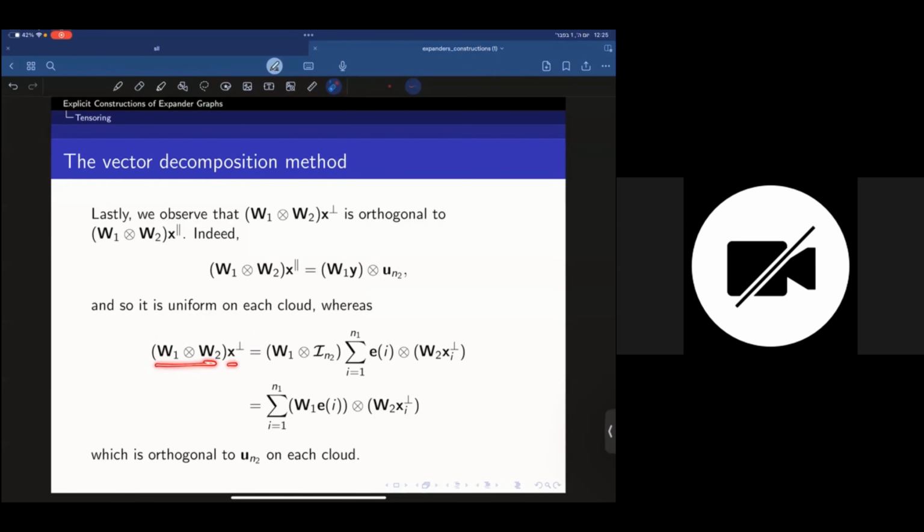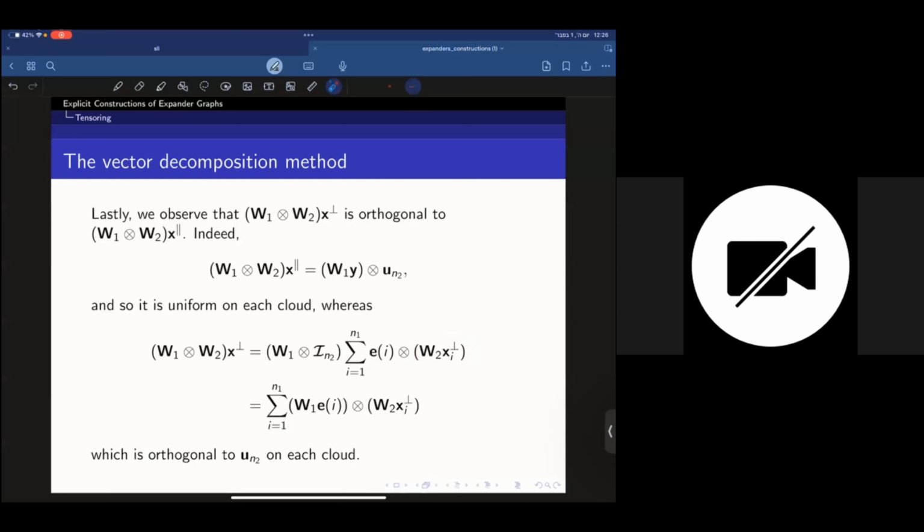Because this operator applied to X perp, let's again use part of what we did before. Let's use the decomposition: apply W2 and then W1. So it's these other operators times that. Here I applied I tensor W2 to the vector. And you can see that each cloud within the sum, every vector in here is orthogonal to the all ones vector.